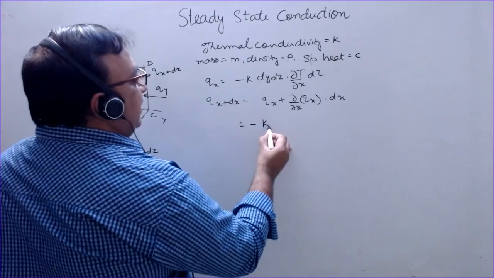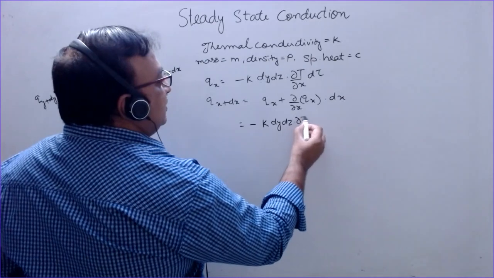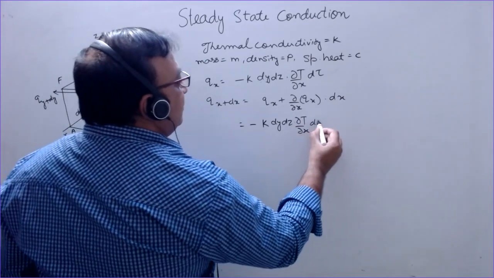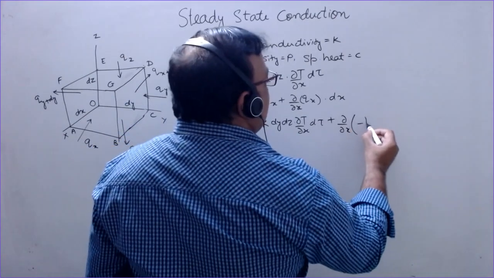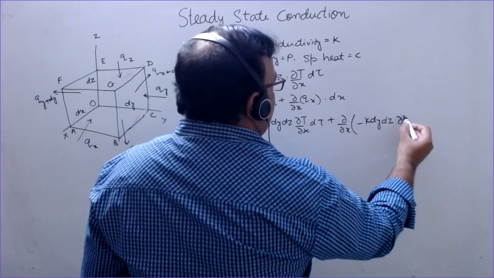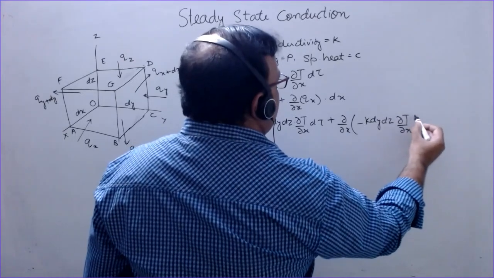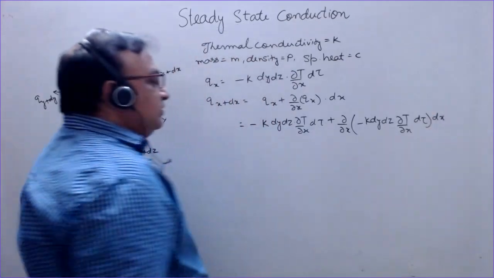So minus k into dy dz del t by del x d tau plus, minus k dy dz del t by del x d tau into dx.